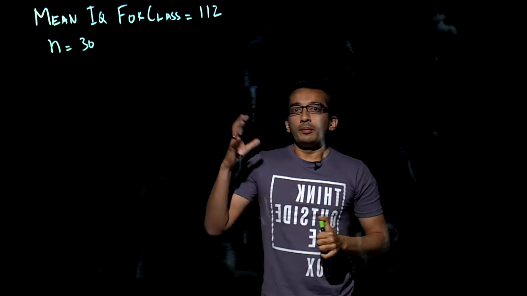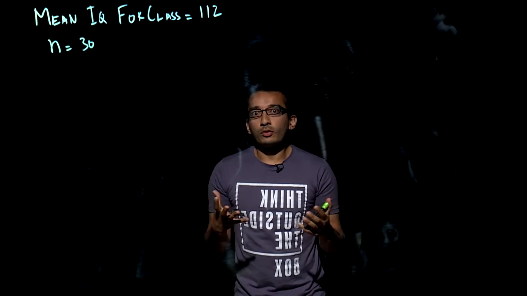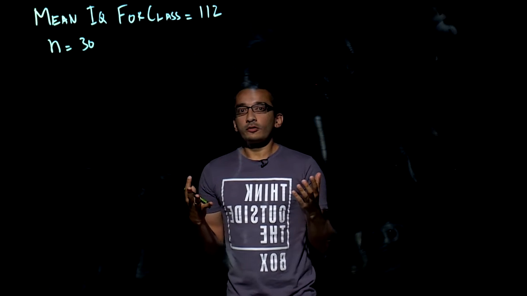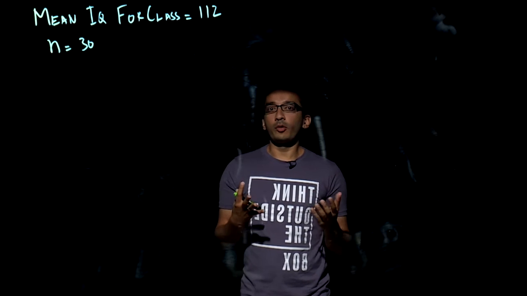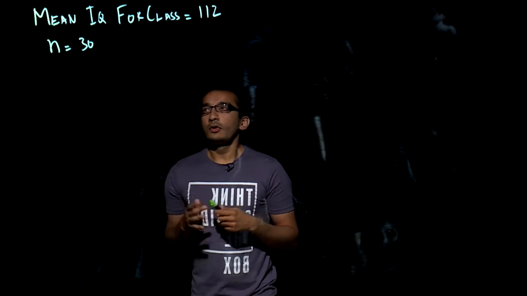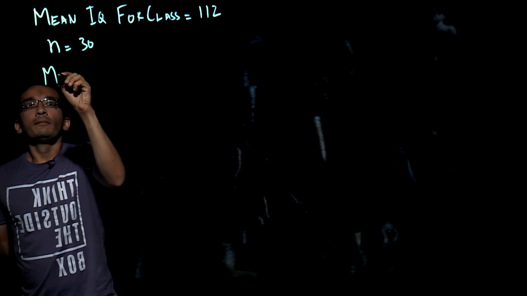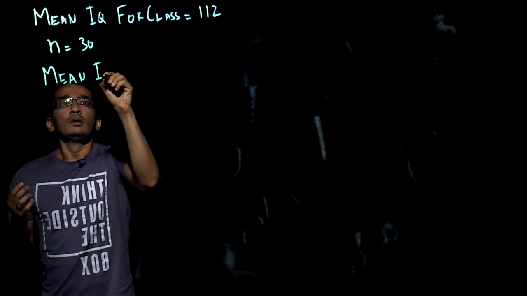Beyond this piece of information, we also have to know the true population mean of IQ scores and also the standard deviation for the IQ scores in the population. So let's assume, for the sake of simplicity, that we know that in this case, mu is equal to 100.